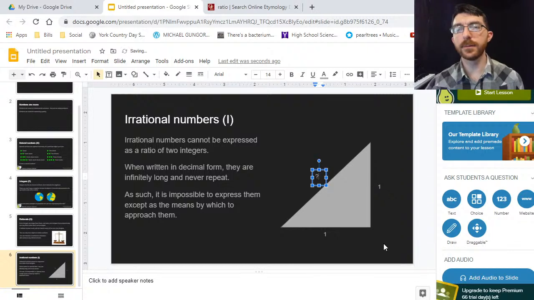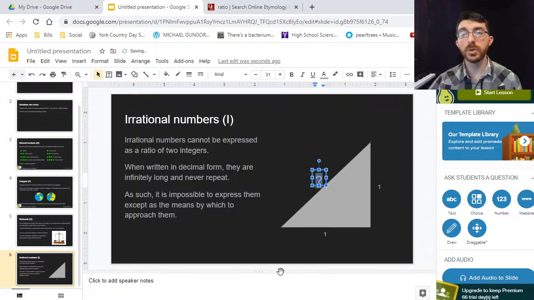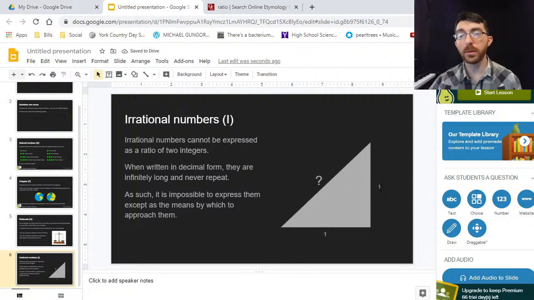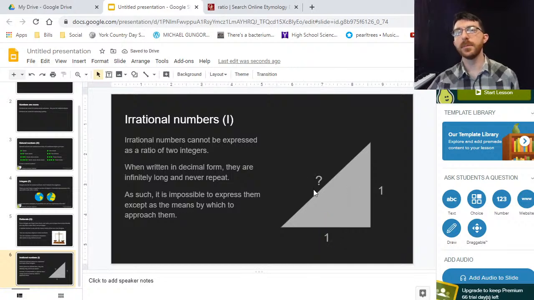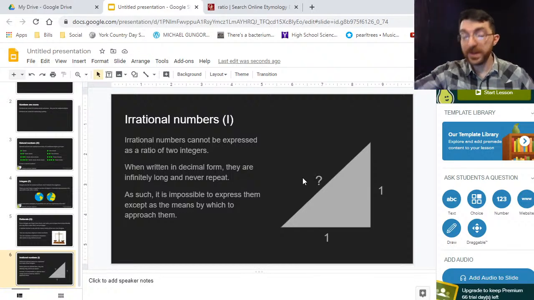The idea is, if you tried to find the rational number which is the answer to that, you would fail. In fact, you would end up in a contradiction. So the idea is, this has a length, so tell me what it is. I can't. The reason is because the value is just unnameable.